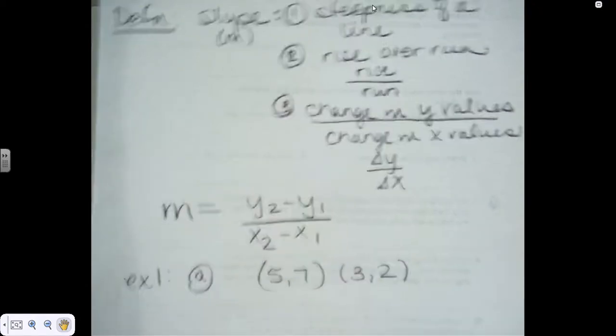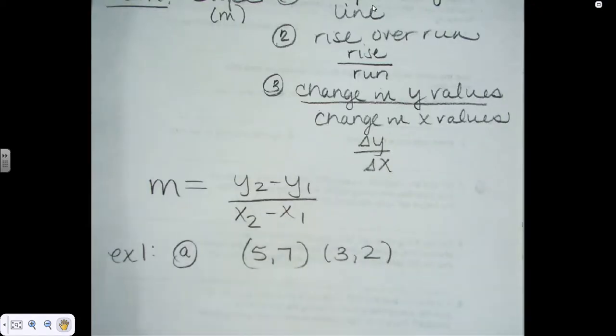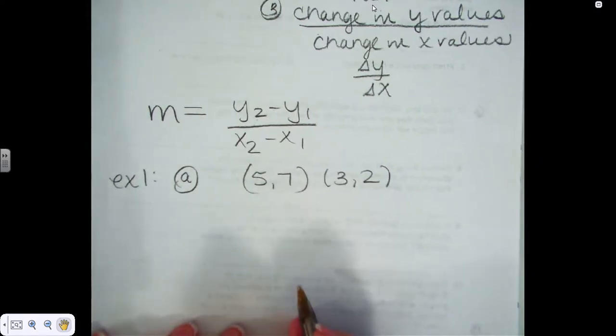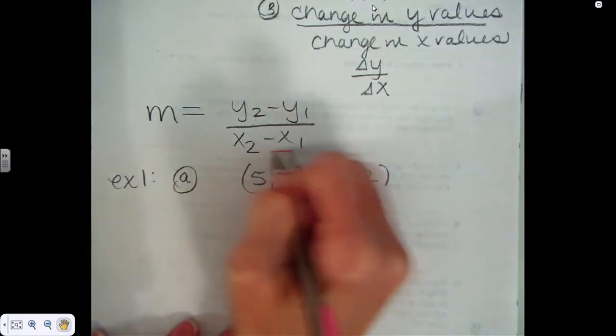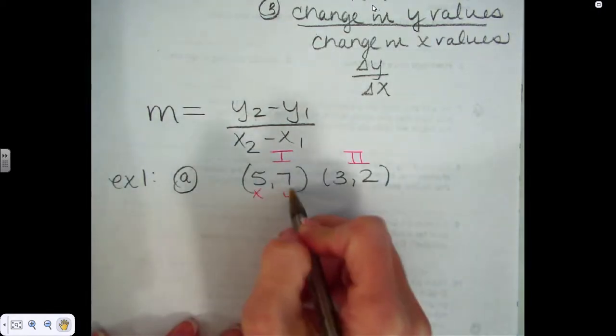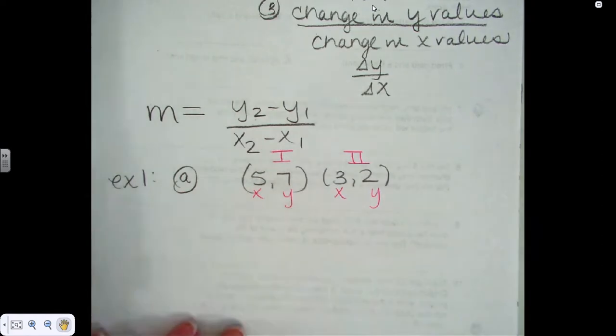Okay, so here I have 2 points, and I want to calculate the slope of the line that connects these 2 points. Well, I'm just going to label, and you're going to get to the point where you don't have to label. This is point 1, point 2. And as you know, that's your x, that's your y, that's your x, and that's your y.